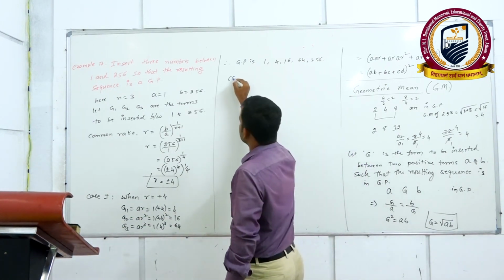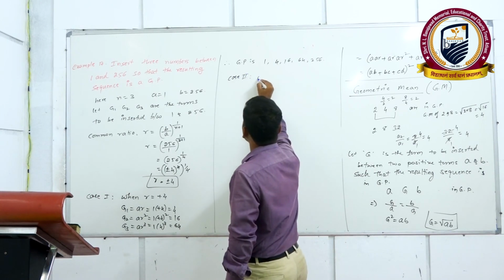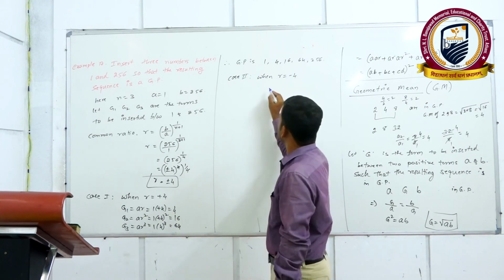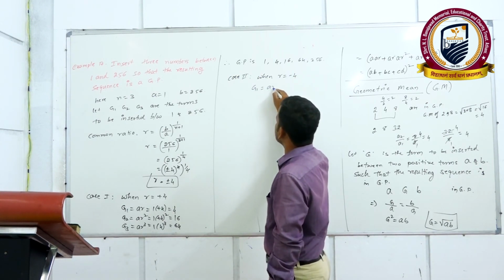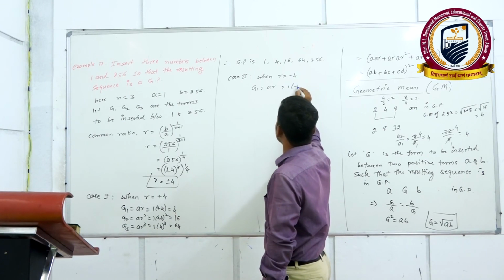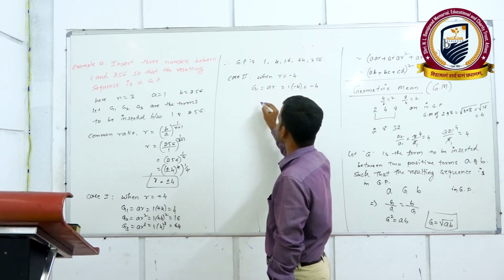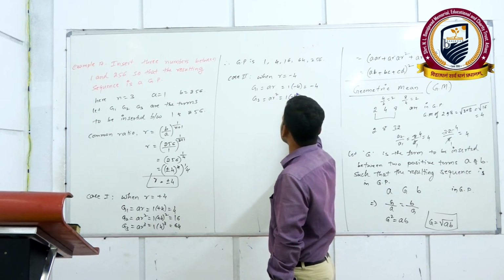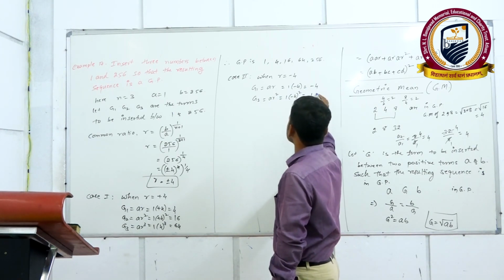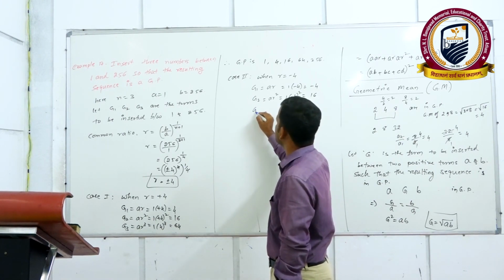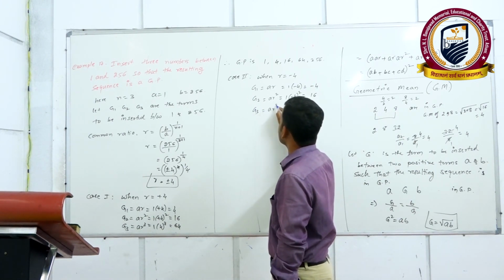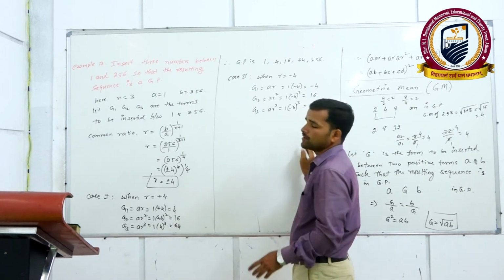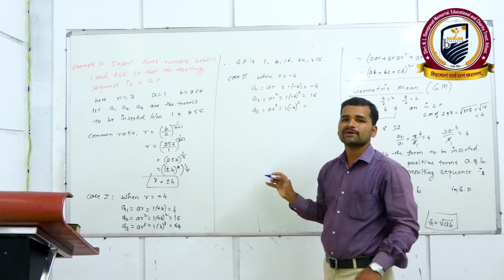And now coming to case number 2, when r is equal to minus 4. Now z1 is a into r. a is 1, r is minus 4, so this is nothing but minus 4. z2 is equal to a into r square, 1 into minus 4 square. Minus 4 square is plus 16. z3 is a into r cube, 1 into minus 4 whole to the power of 3, which is minus 4 into minus 4 into minus 4.